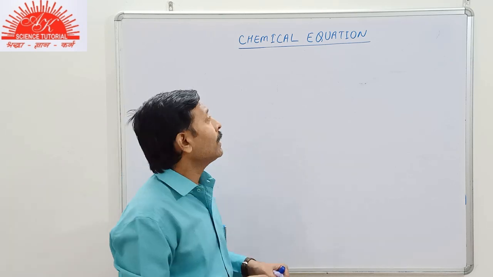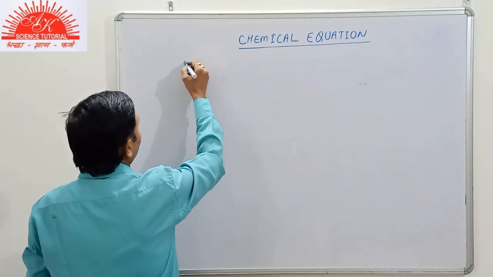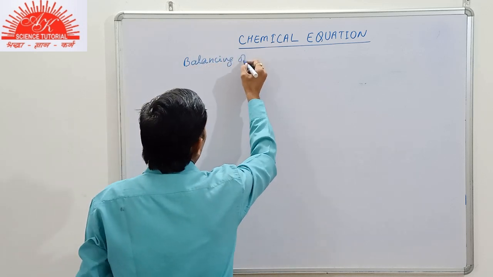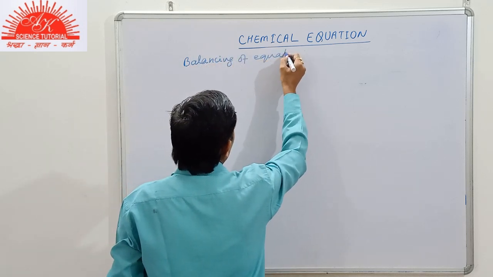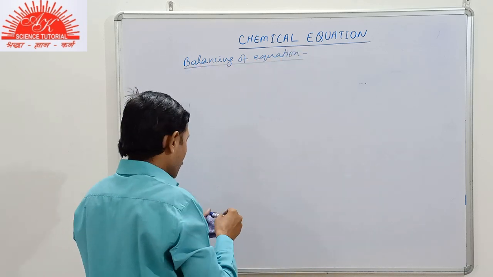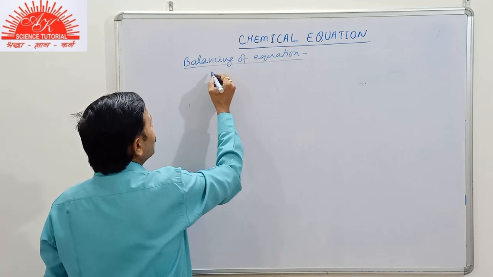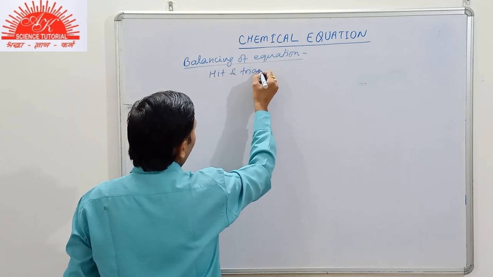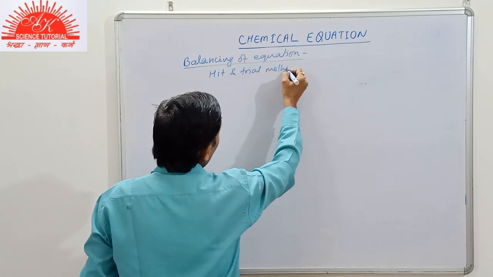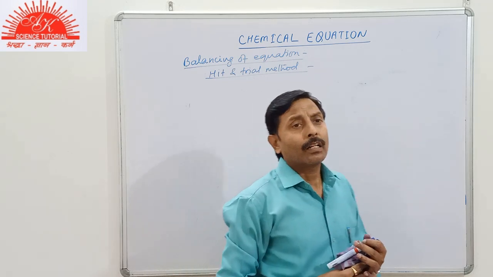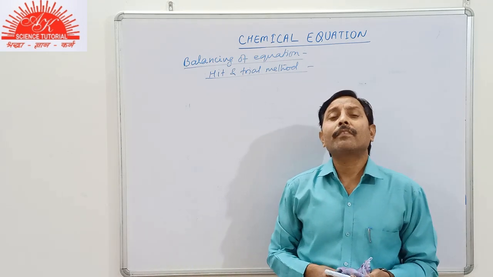So, balancing of equation. I will use the hit and trial method. The hit and trial method does not have any definite rule.